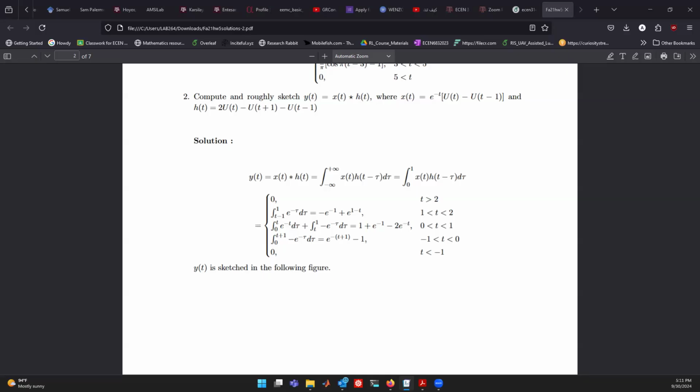And the integration will be just between t minus 1 and 1. This is the overlapping area.